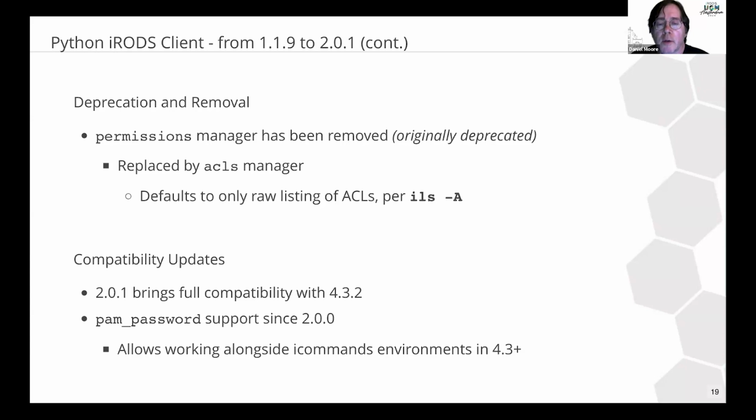In addition, you can operate the PRC alongside an environment that's been set up by init with the new 4.3 option of PAM password, which replaces the old PAM key in the client environment. And that's basically everything.